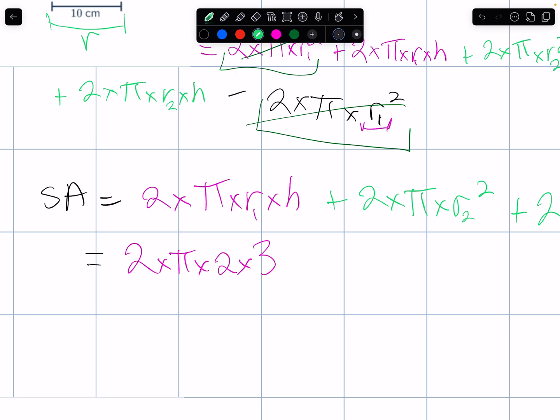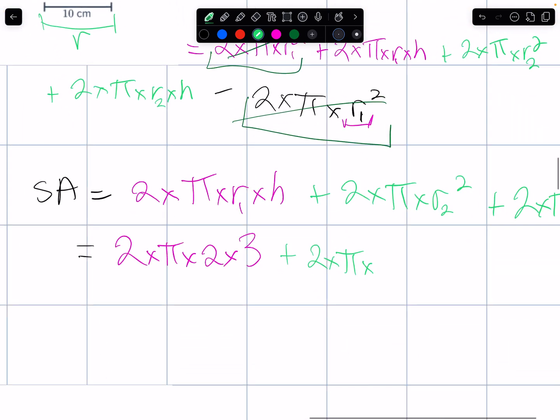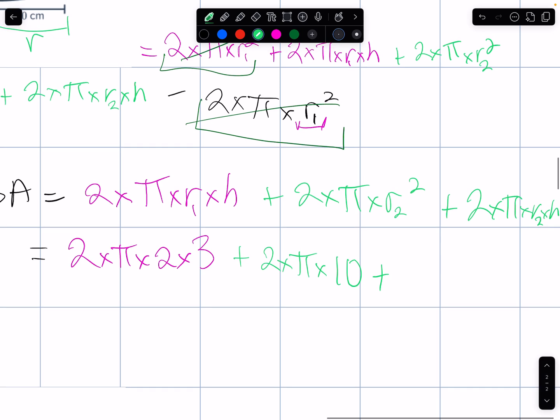Then we add this plus 2 times pi times our other radius, which is 10 centimeters, plus 2 times pi times 10 squared centimeters, plus 10 times our height, which is 3.